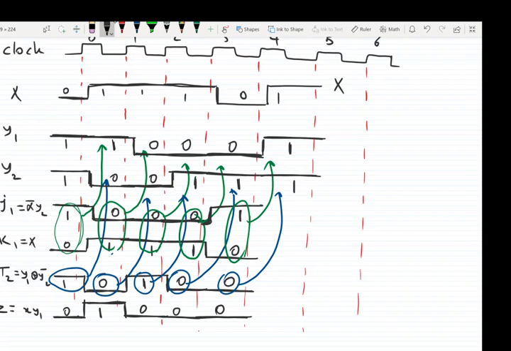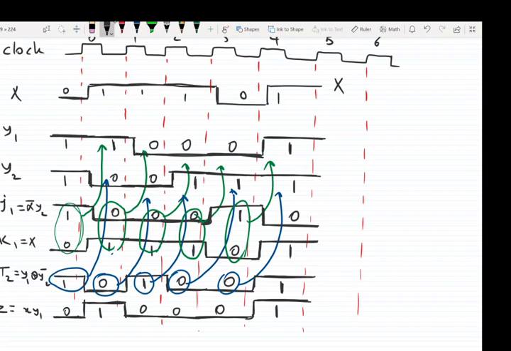J1 is X bar, X is 1, so X bar is 0, so J1 will be switched to 0. What about K1? K1 is 1 because X is 1. And T2 is equal to 1. And of course, Z, which is X Y1, will be equal to 1.